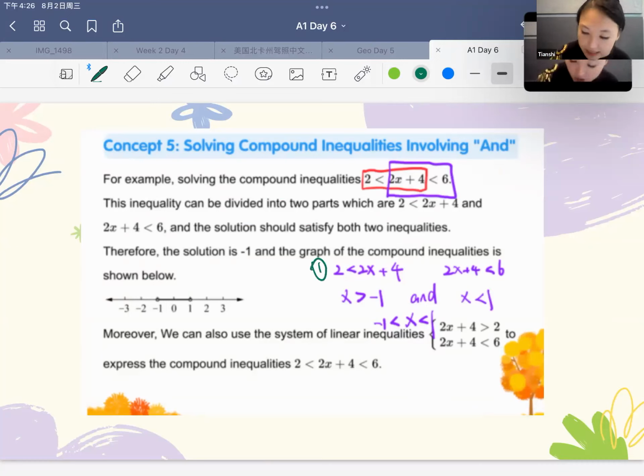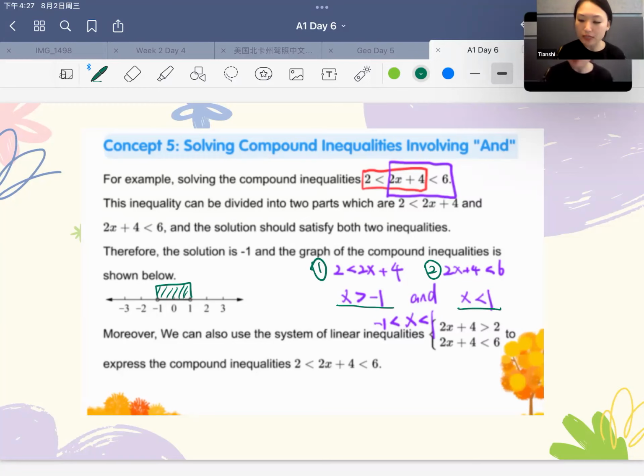The first condition is that 2x plus 4 is larger than 2, and the second condition is that 2x plus 4 needs to be smaller than 6. So x needs to be larger than negative 1, and x also needs to be smaller than 1. So x can be only in this area, in the middle part. So if there is an "and" in the compound inequality, it needs to meet the two requirements.